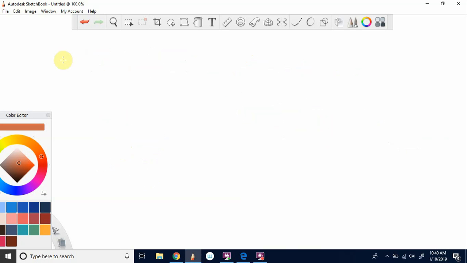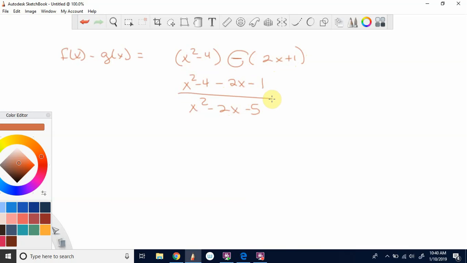It's f minus g. So we're going to do f(x) minus g(x). Again, we just find f(x), which is x squared minus 4, minus, parentheses, g(x), 2x plus 1. So I can drop these parentheses because it's just a positive 1 outside. I have to distribute this negative, so minus 2x minus 1, and then you have x squared minus 2x minus 5.